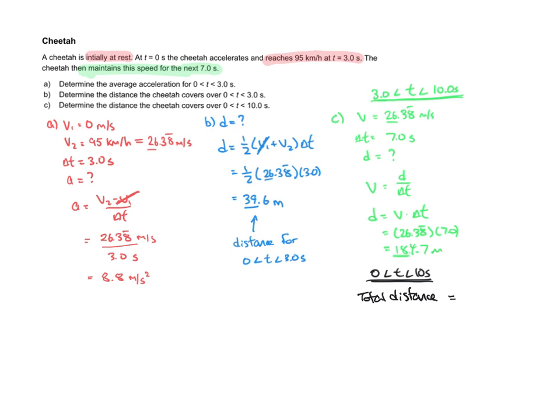So my answer from B, which was 39.6, plus this answer here of 184.7. And since I'm adding, I've got to go by decimal places. And it looks like I have to go to the nearest tens column, because of the 184, that only goes up to the tens column.